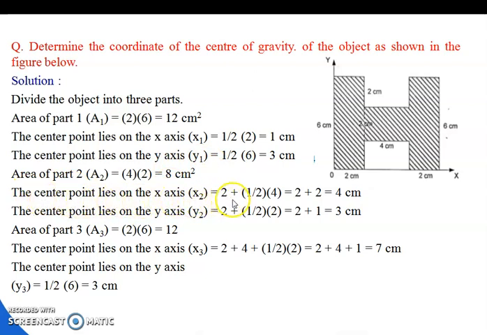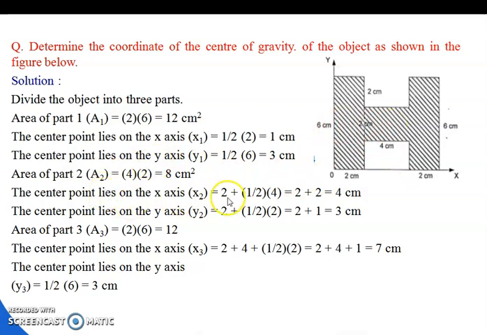Here we have to find the center point with reference to this line and this line, that means with reference to the x-axis and y-axis.